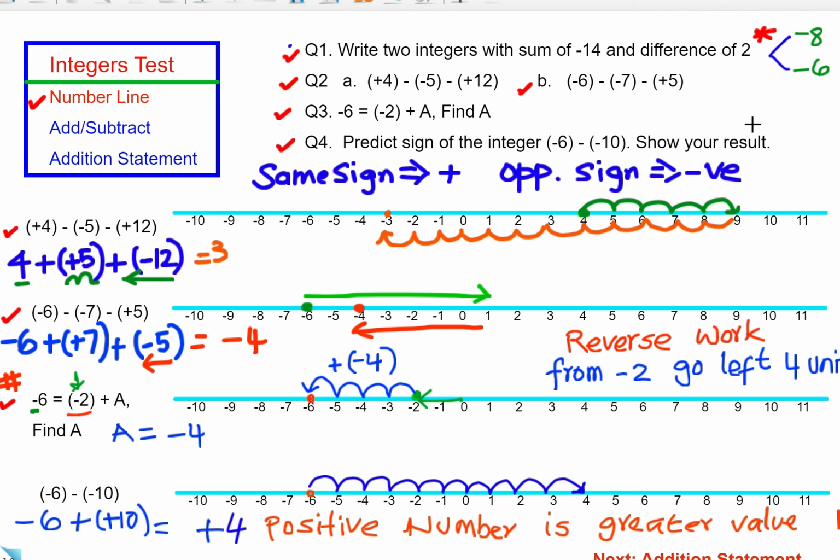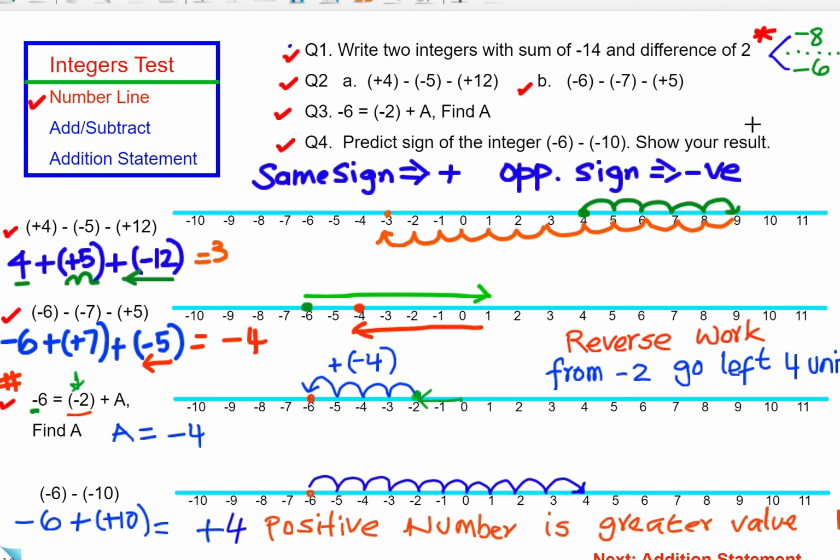Their difference is 2 and their sum is negative 14. Do you see that? So these are the two numbers which will work for you. So that is how you could think about all the combinations and see the one which is closest to the answer. 7 and 7 is 14, but you want the space between them as 2, so just move 1 unit to left and right, correct? And then you will get your result, right? So that helps, correct?